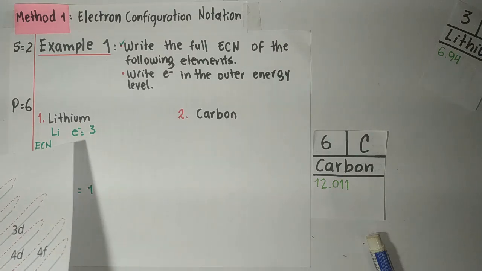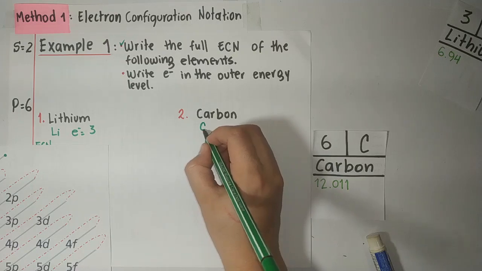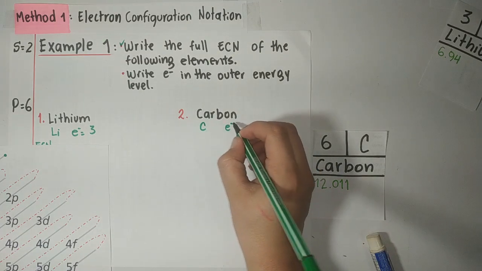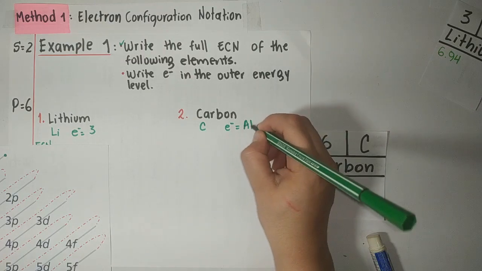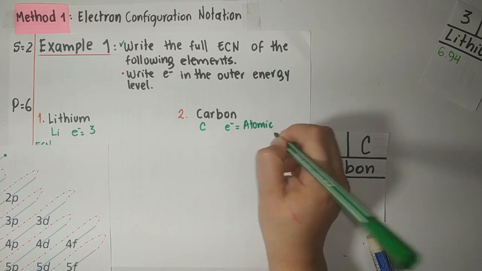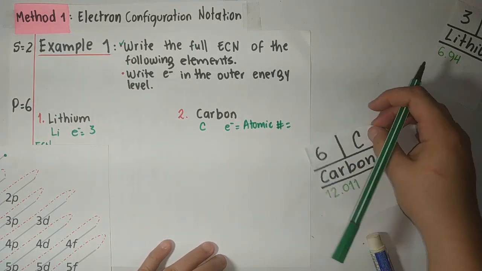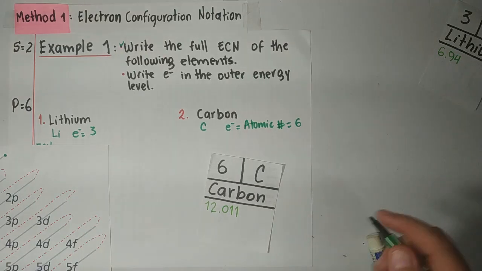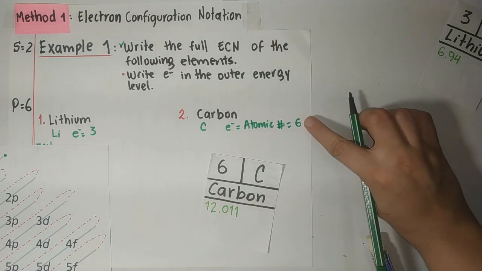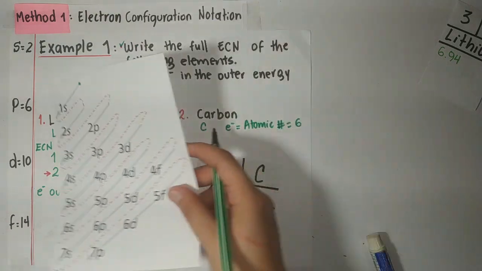Now let's see carbon. The atomic symbol is C, and the electron count is equal to the atomic number, and it's equal to, according to the periodic table, 6. So that means that we need to reach 6 electrons following this path.